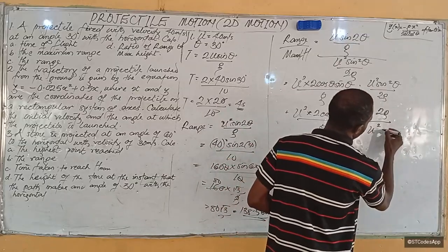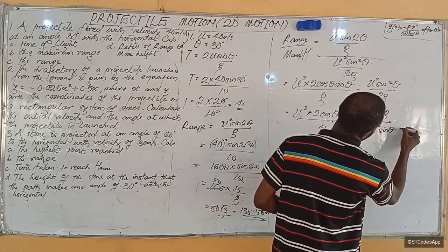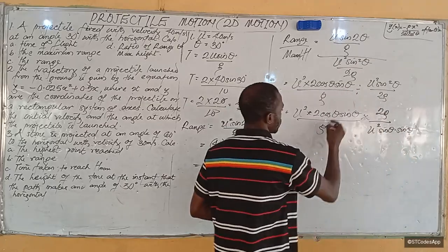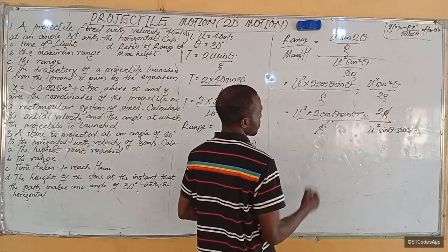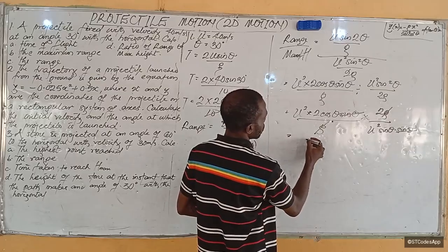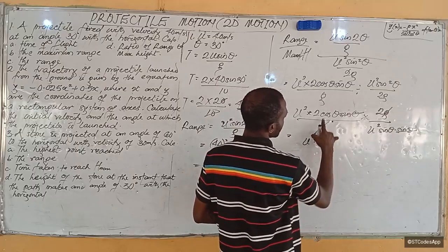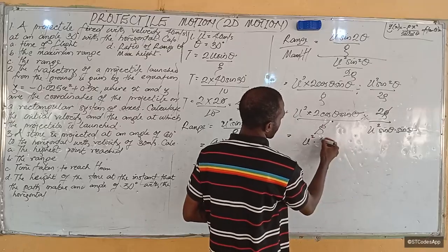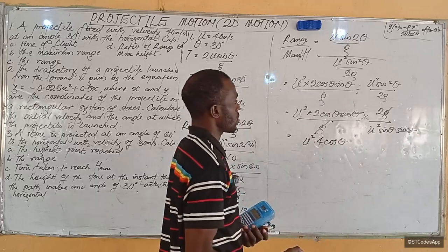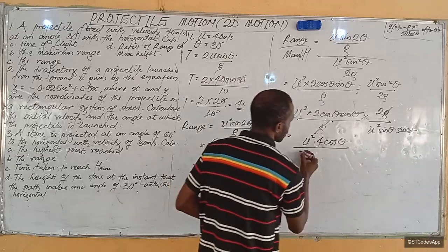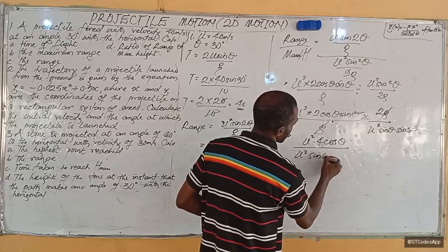Sine squared theta is sine theta multiplied by sine theta. So g takes care of g, sine theta takes care of sine theta. Then we have u squared times 2 cos theta times 2, that's 4 cos theta, over u squared sine theta.